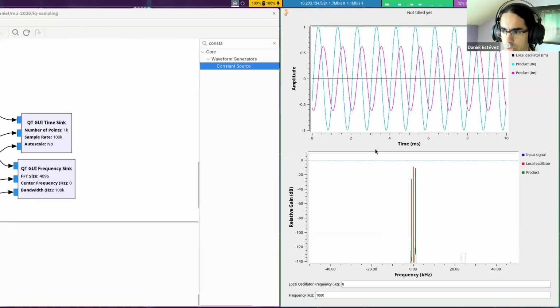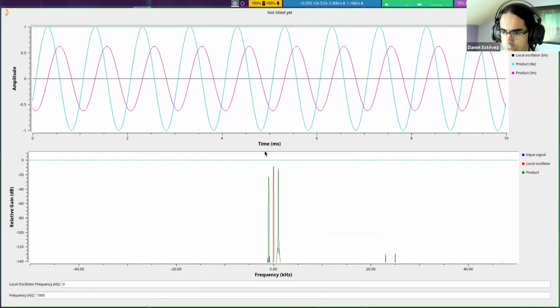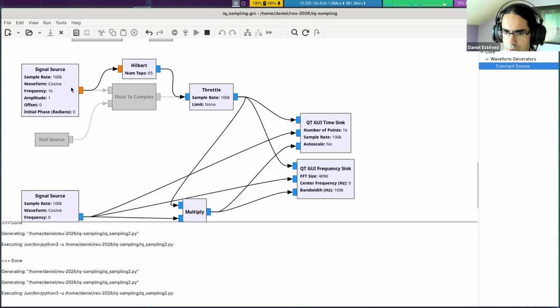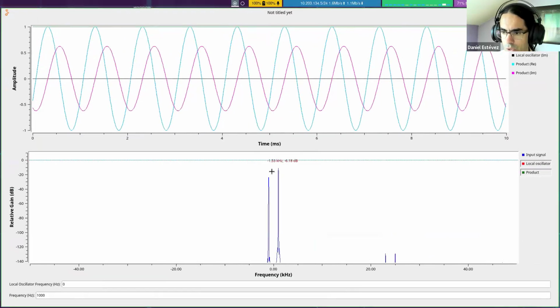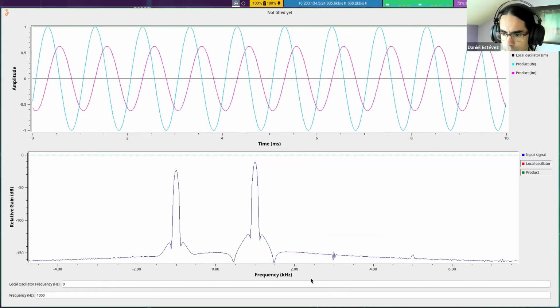It might be useful at some point. I'm going to show mainly the blue signal, which is the input. We are running the input signal through a Hilbert filter, whose intention is to remove all the negative frequency components.